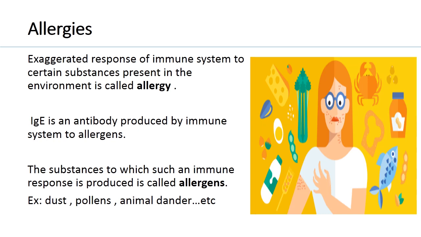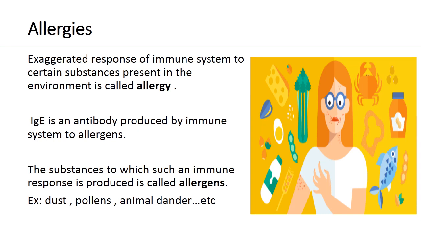Because in the new area your body gets exposed to lots of substances, those new substances will be the reason for this allergic response. Then what are those substances responsible for allergic reactions? There are certain substances in the environment that some people are allergic to. Those substances are named allergens.